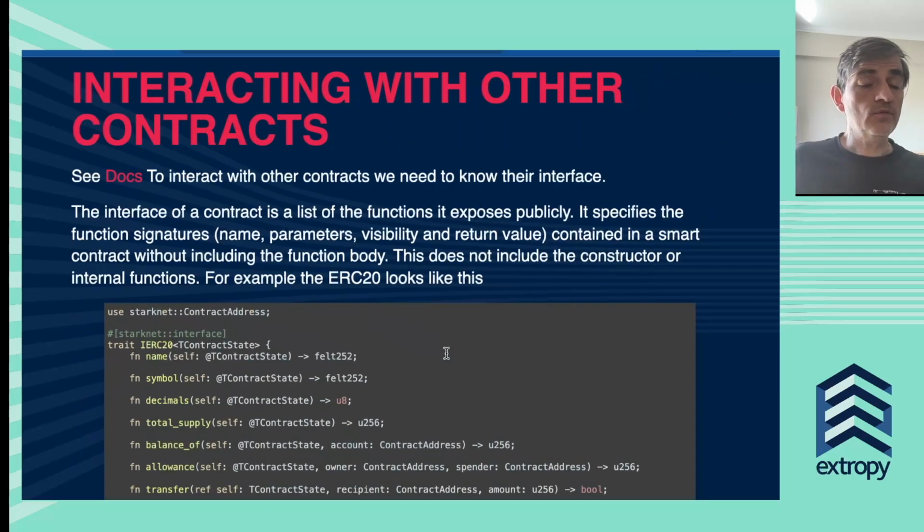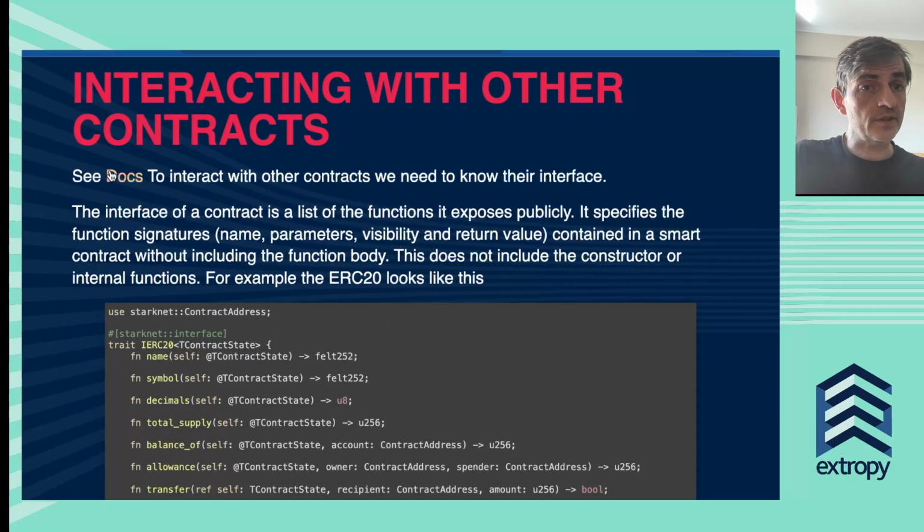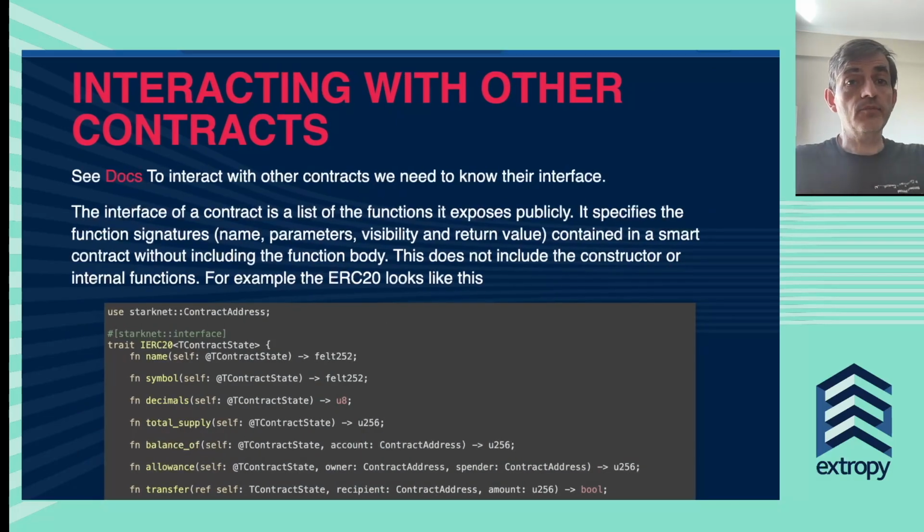So we will probably want to interact with other contracts. There's a link there to some documentation about that. In order to do this, we will need to know the interface of the contract we want to interact with. And so the interface is a list of the functions that are exposed publicly by that contract.